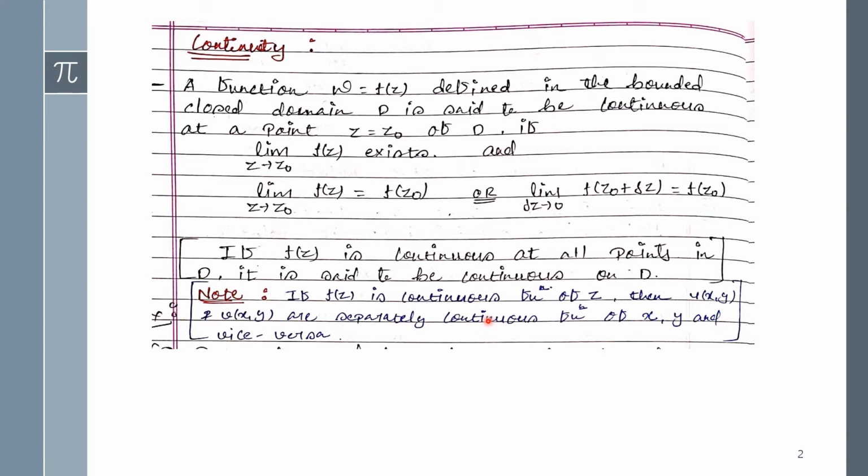Why x and y? Because by using u plus iv you are finding the real and imaginary parts, and the real and imaginary parts themselves include x and y components, right? So that's why if u and v are separately continuous, then definitely x and y will be continuous also.